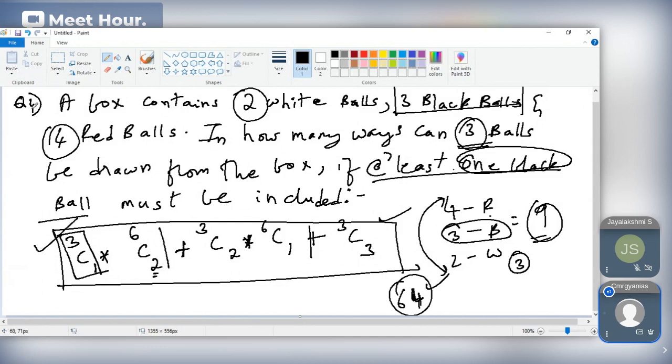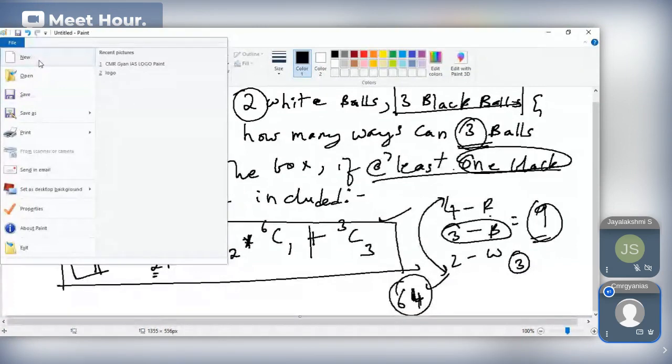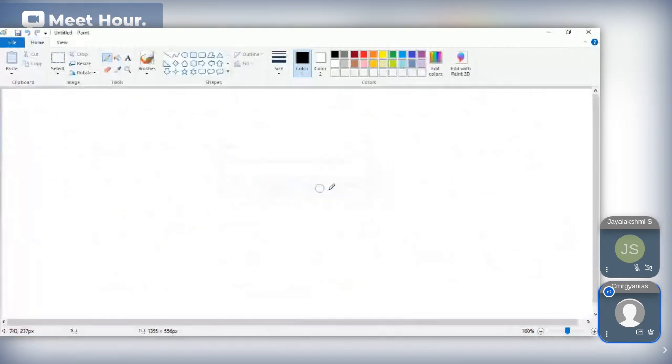This is what you're supposed to solve. Okay, next. I'll give you two more problems, in which one I will do now, and one you try to solve later. This one I will not tell you whether it is permutation or combination, but you try to use your logic and solve.